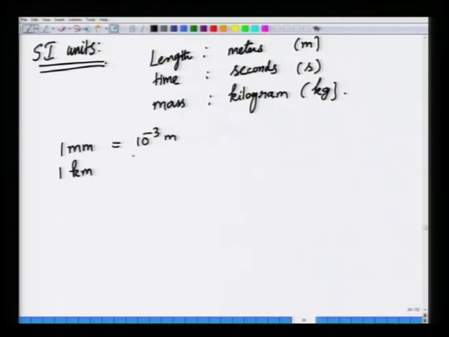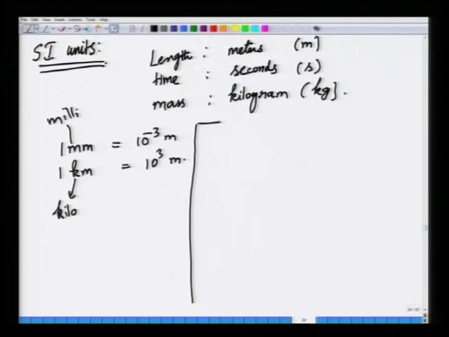So, the suffix milli refers to 10 to the minus 3 and the suffix kilo refers to 10 to the plus 3. Likewise, one can use it for kilograms, grams and so on. So, these are the fundamental units.